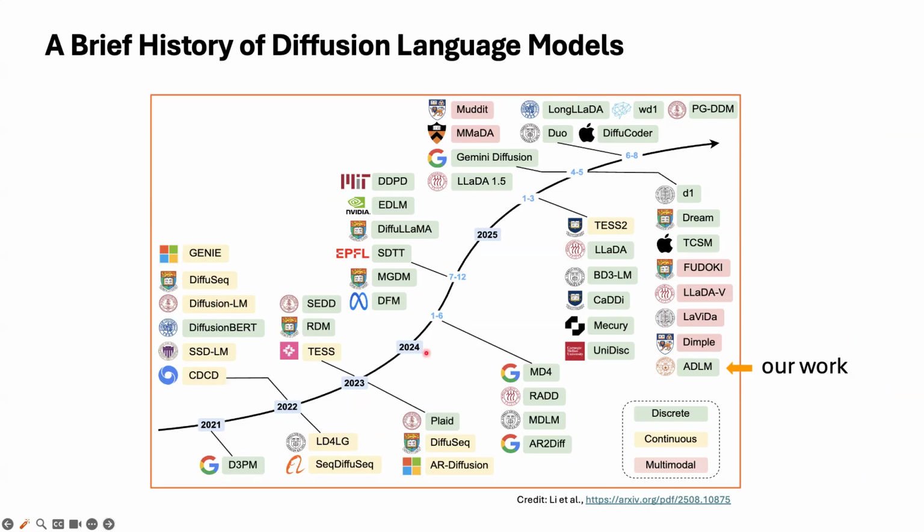But by 2024, the timeline has changed. Every 6 months, you're seeing the number of interesting models come out at the same scale as over the year. And in 2025, you can see even more. Now the timeline has moved to one every 3 months. So this is just to illustrate that there are lots and lots of groups who are interested in these models for a reason that it has certain promise, but still it's nowhere near production scale compared to AR models.